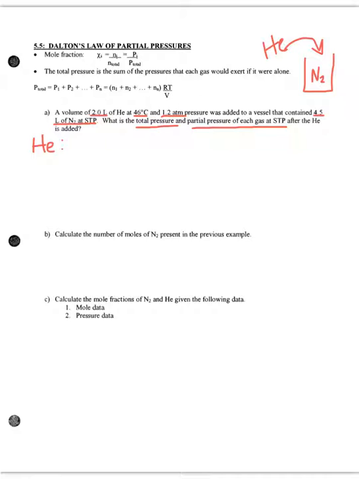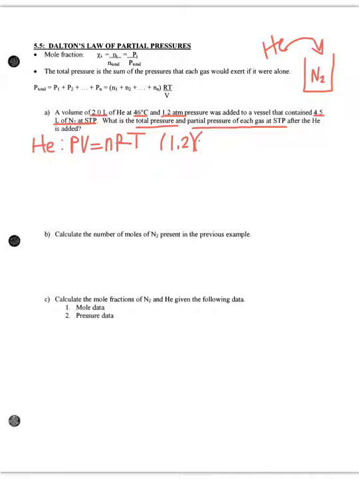So for the helium, with volume, temperature, and pressure given, what equation do you think we can use? Well, we can use PV equals nRT. But if we use PV equals nRT, then what variable is missing? The moles, right? So if we have PV equals nRT, we have pressure, so let's plug in the pressure. Pressure is 1.2.